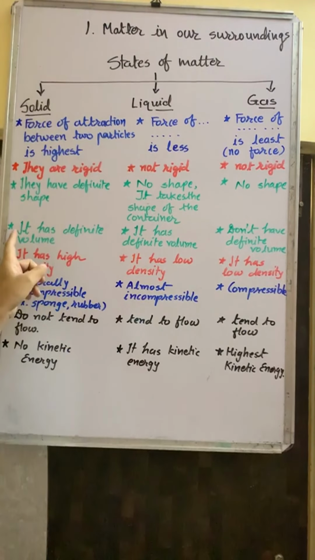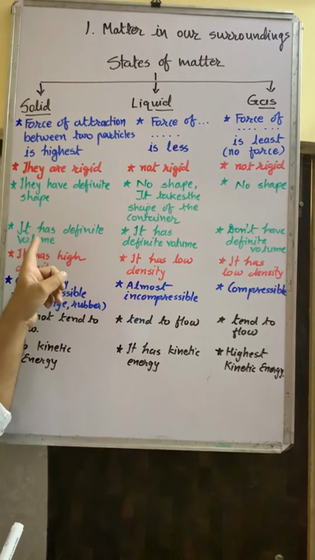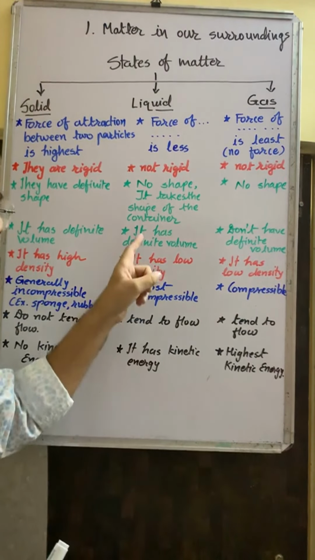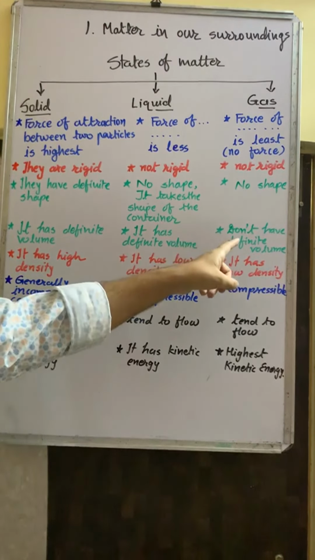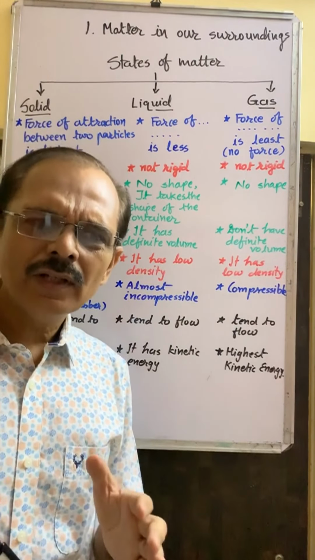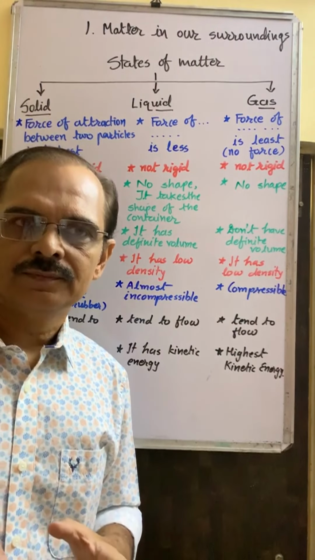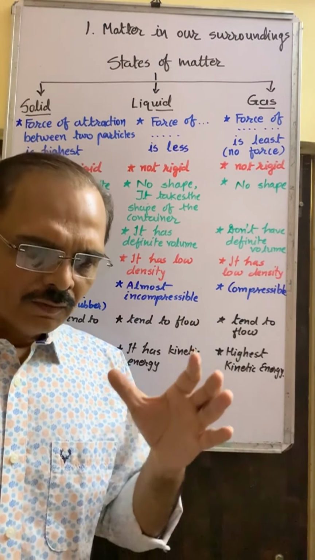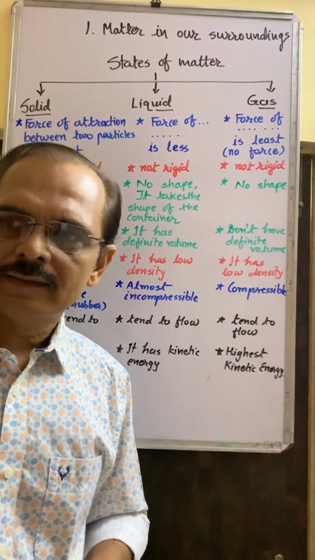Okay. Now solid has definite volume because it's solid matter. Liquid also has definite volume, but gas doesn't have definite volume. We can calculate it approximately only. Suppose in this room or in your classroom, 1000 cubic centimeter of air is there.